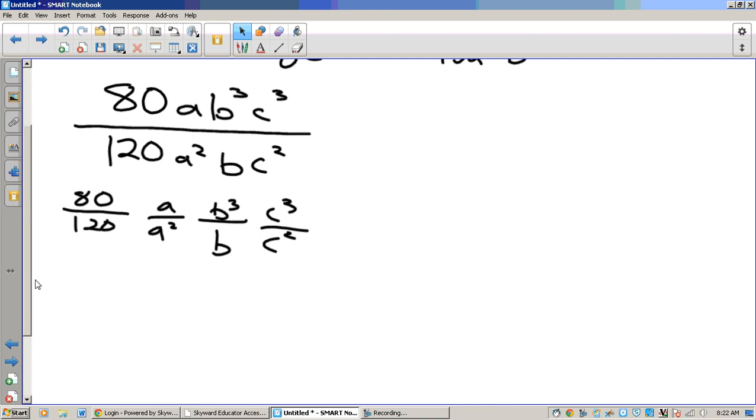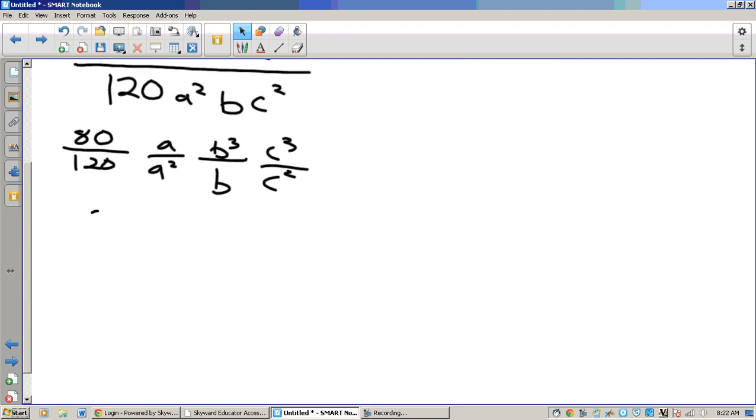So, how can I simplify 80 over 120? 40 goes in there. Okay, so that reduces to 2/3. Perfect. How would I simplify a over a squared? 1 over a.